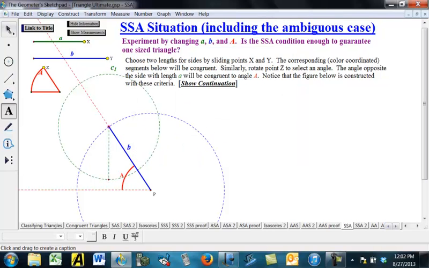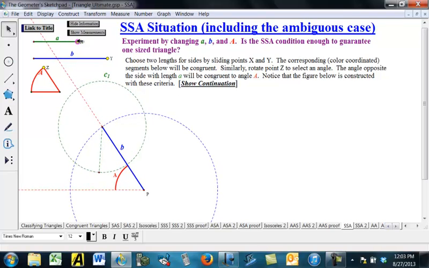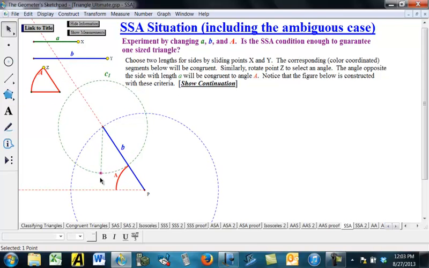But the problem is, in this case this length might be too short, and no matter where we put it, the vertex has got to be on this circle, but it's also got to be on this red ray down here at the bottom, and of course this circle and this ray never intersect each other. And so we see that if this side A is too short relative to the angle on the other side, then it's not going to reach.